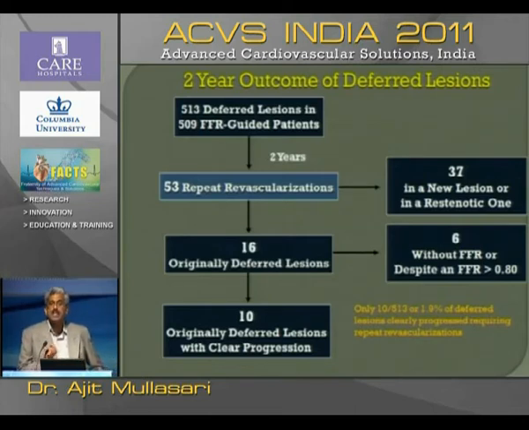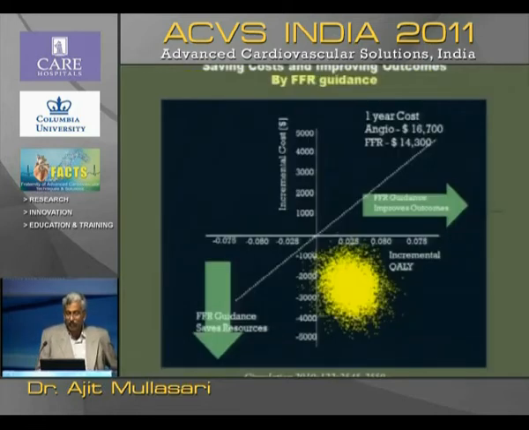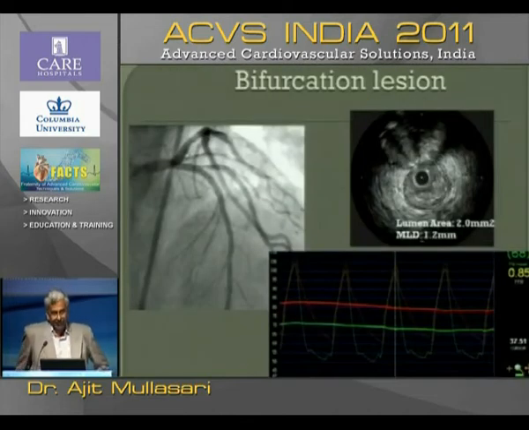So clearly what it says is the chance of myocardial infarction or repeat revascularization is extremely low if you guide your procedure FFR guided. FFR also improves your costs by about $2,400. If you look at the top, the angiogram is $16,700 versus FFR of $14,300. So clearly, this is a very important thing to understand.